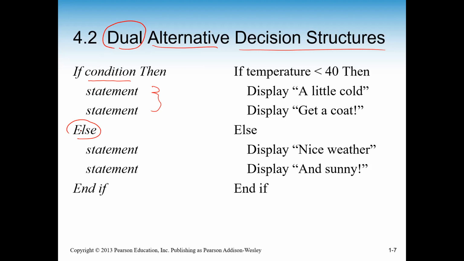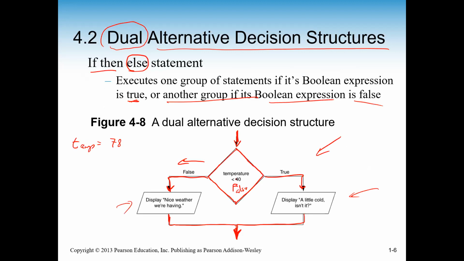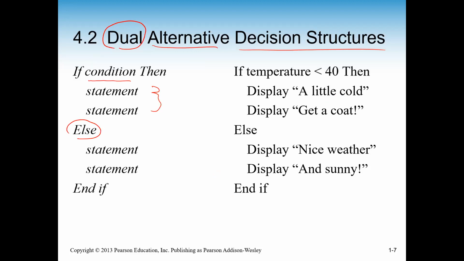That's similar to this idea here. True, false, we did that. Now we express that as: if true, go in that direction, else go in that direction. So here is that equivalent diamond where you go either in one direction or this direction here, okay?